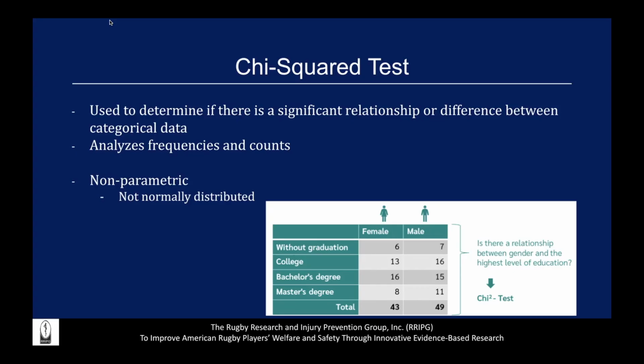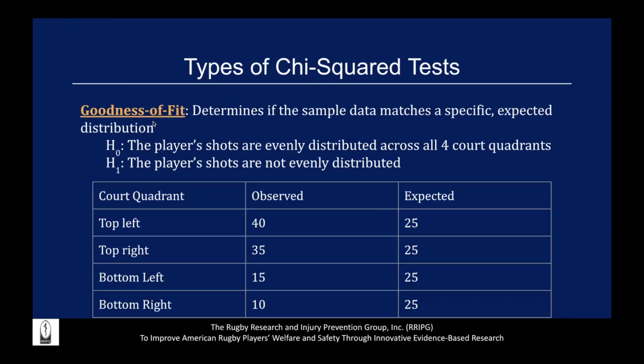And then, like I think Aaron alluded to, the goodness of fit and the test of independence. So you could do those types of tests on top of that to validate your data.